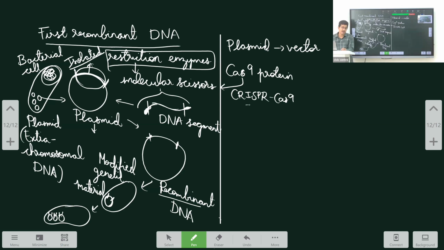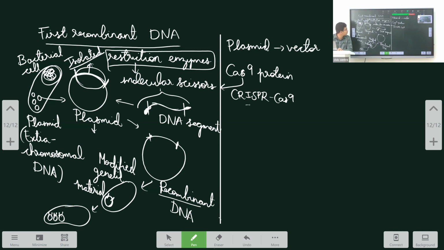So then after identifying you have to introduce that into the host organism. Now this introduction was made possible only because of the molecular scissors or the restriction enzymes, right? So after that you have to make sure that it will be stable, that DNA segment is stable and that it multiplies and it will carry out.